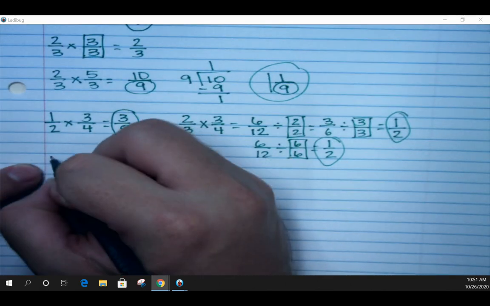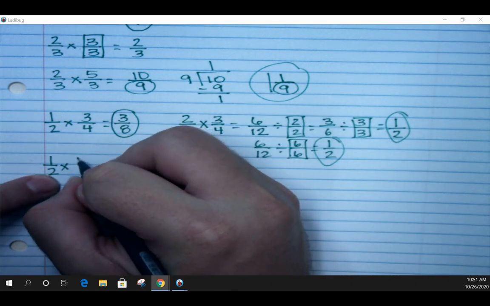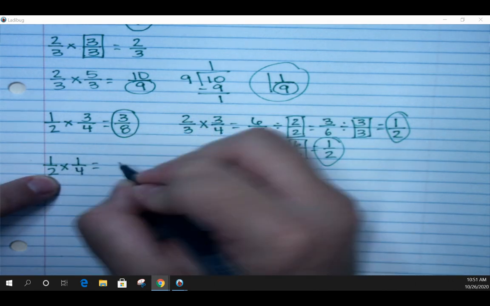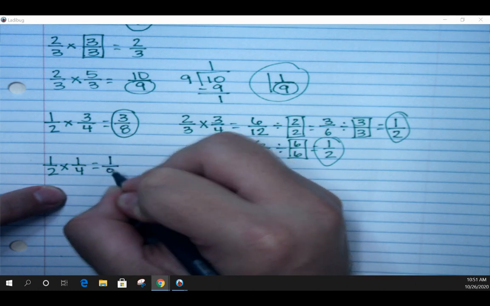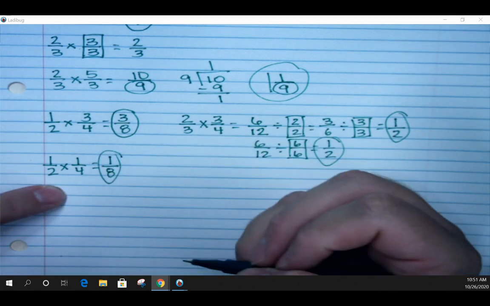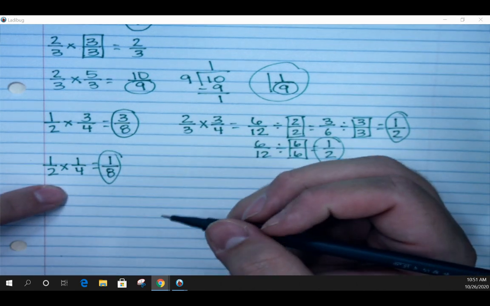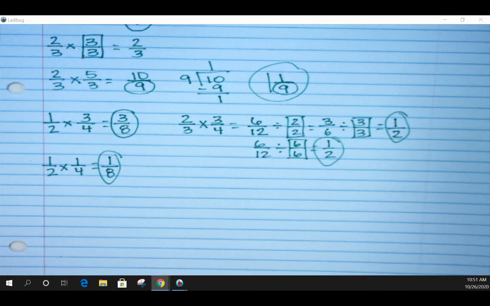What if I said 1/2 times 1/4? 1 times 1 is 1, 2 times 4 is 8. It's simplified because it's a unit fraction. Are there any questions about these combinations?